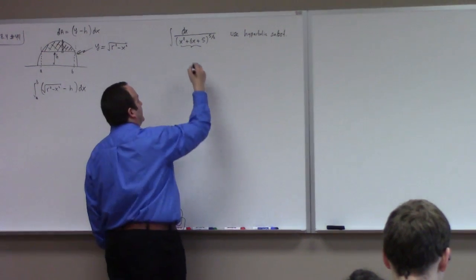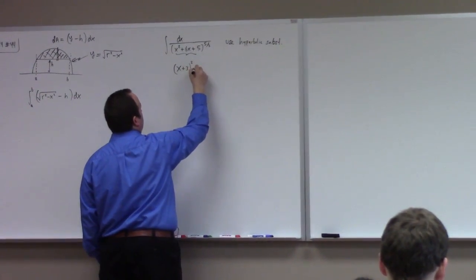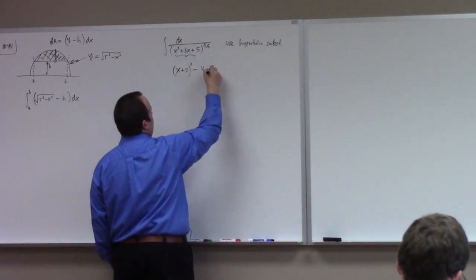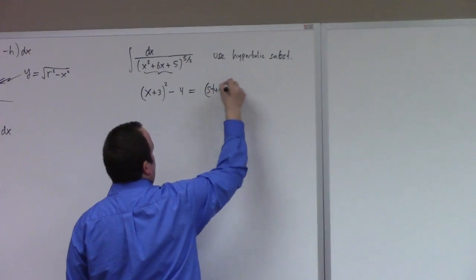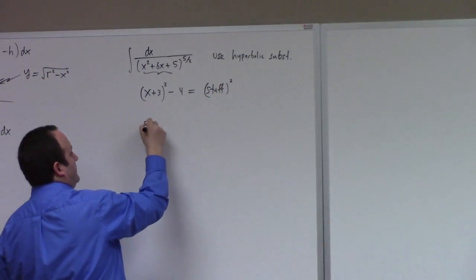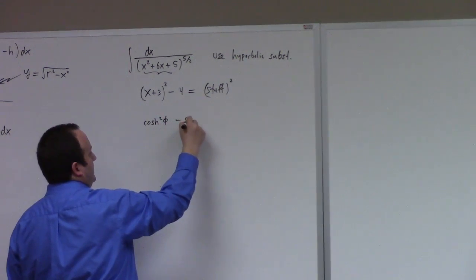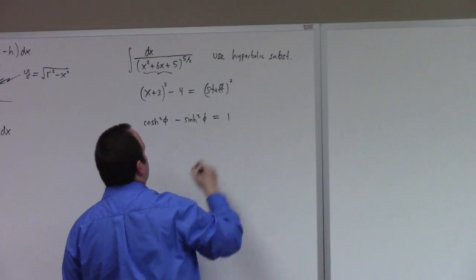So you completed the square. What happened? It was x plus 3 squared minus 4? All right, so we're looking to make this like stuff squared, right? And what do we have to work with? We have ourselves cosh squared phi minus sinh squared phi is equal to 1, right?